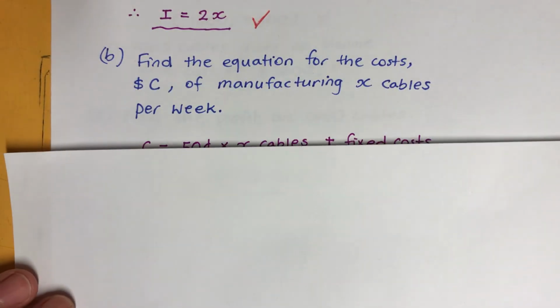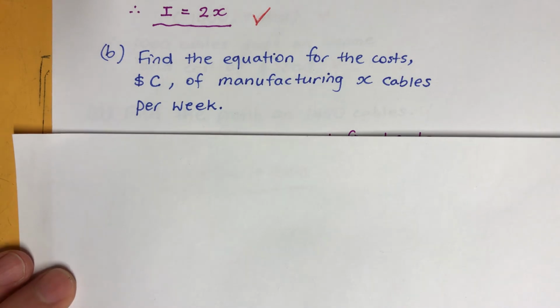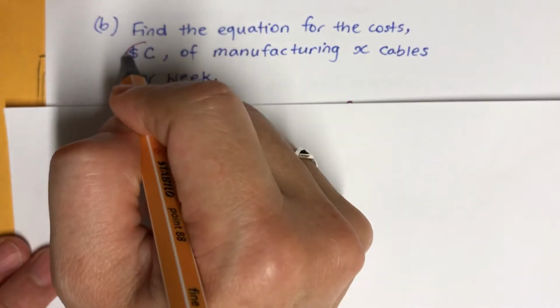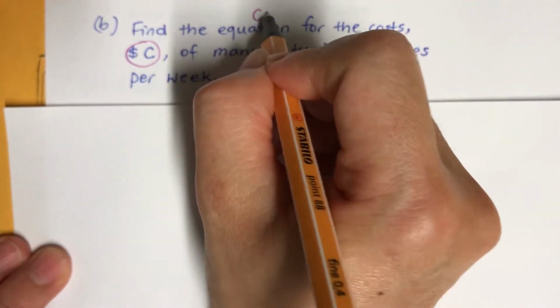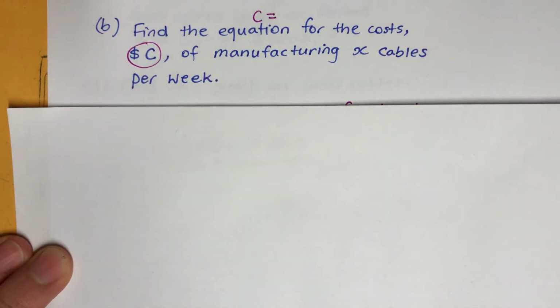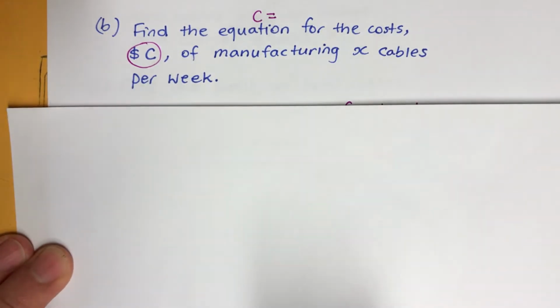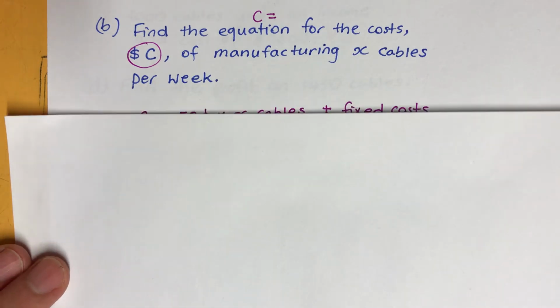So that's the equation for income. Now, part B. Find the equation for the costs C. So it would be C equals, isn't it, of manufacturing X cables per week. Now, how much was it costing to produce a cable? It was 50 cents, wasn't it? They're selling it for $2, but making it for 50 cents. Well, that makes sense.